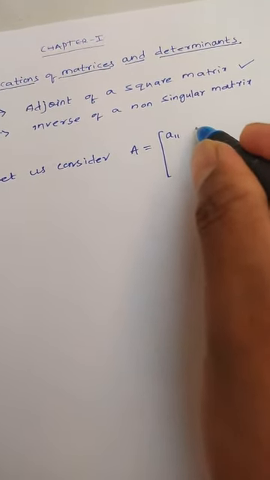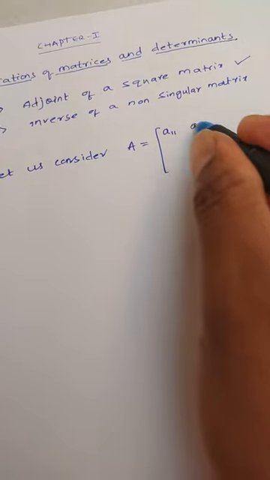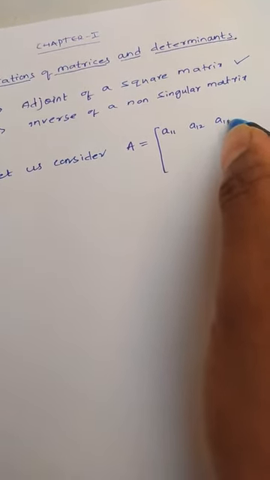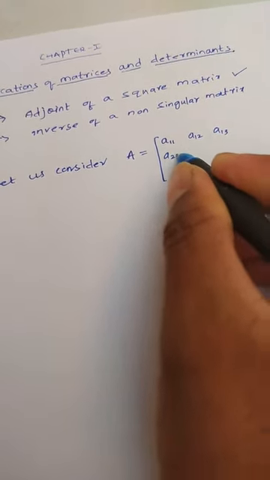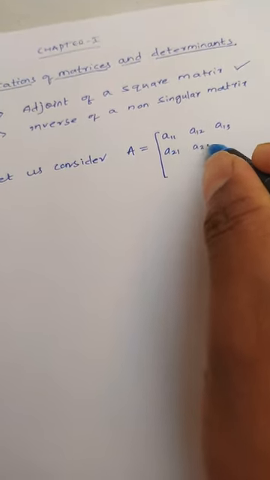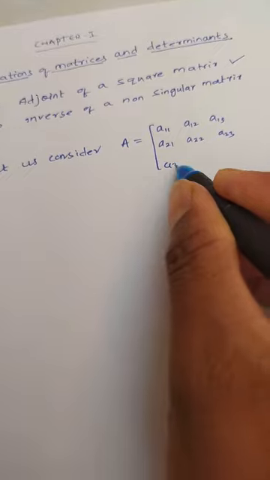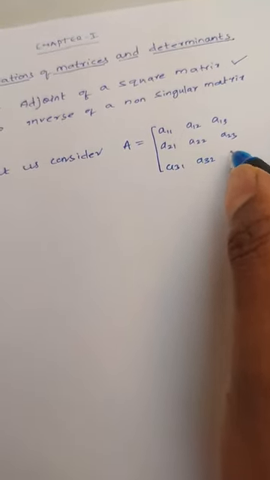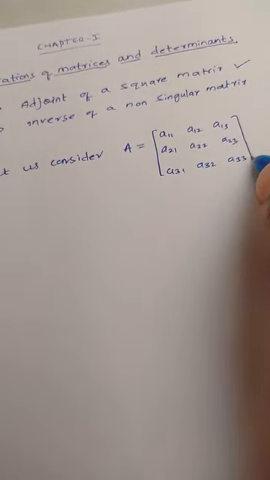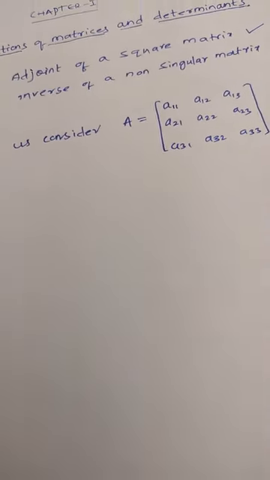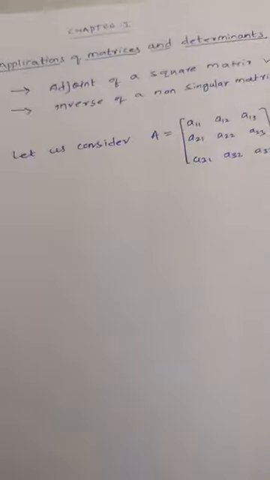So a11 is the first element in the first row and first column, a12, a13. Next, in the second row, the first element is denoted by a21, a22, a23, and a31, a32, a33. And now this is a 3x3 matrix.